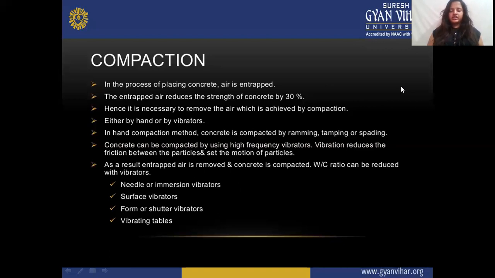Nowadays the vibrators are maximally used, and they come in the form of needle vibrators. In the hand compaction method, the concrete is compacted by ramming, plungers, tapping or spading.